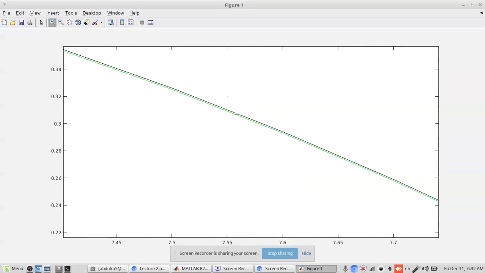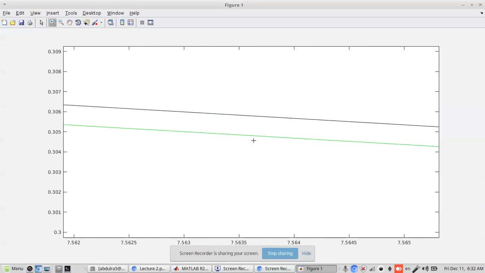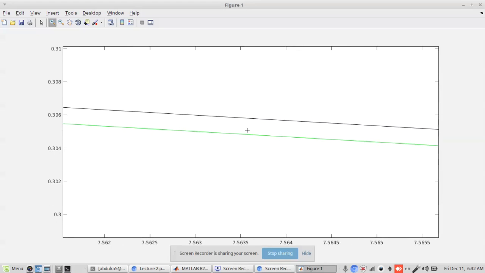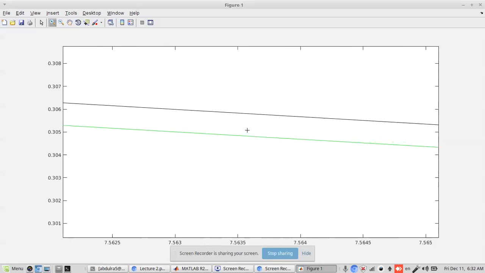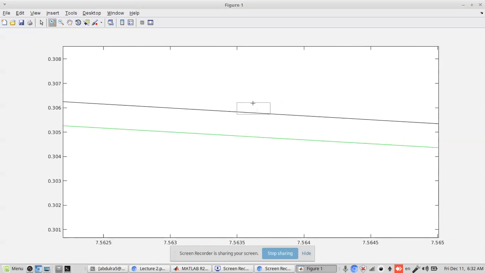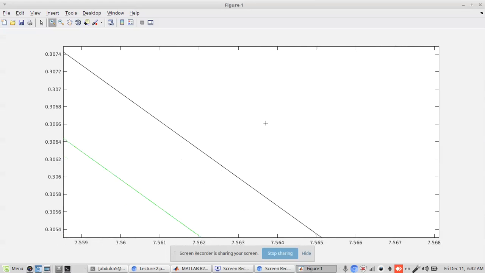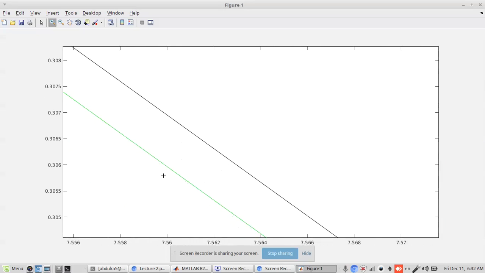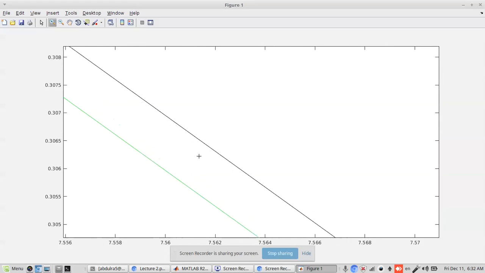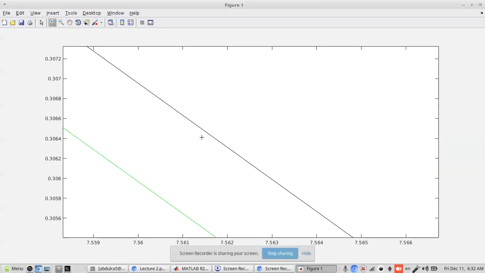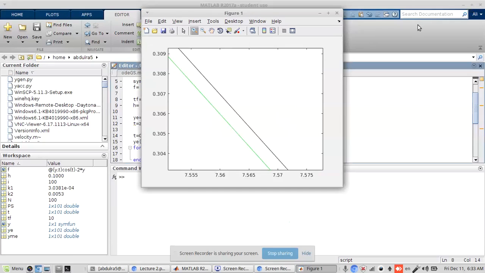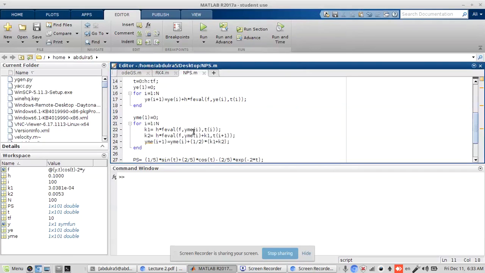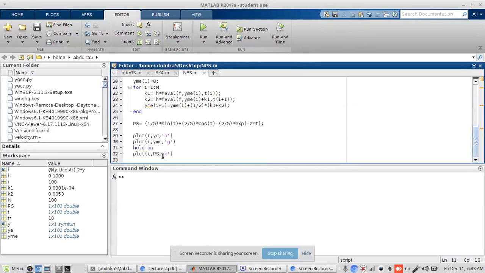So of the three curves, two of them are approximate, but there are some differences or errors between the solutions. This one is the exact solution, and this green one is the modified. And we also have the blue one here. So there are some differences between Euler and modified Euler with respect to the exact solution.